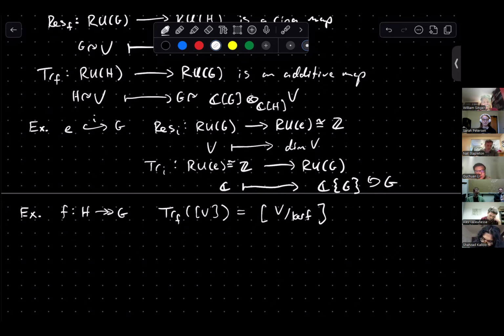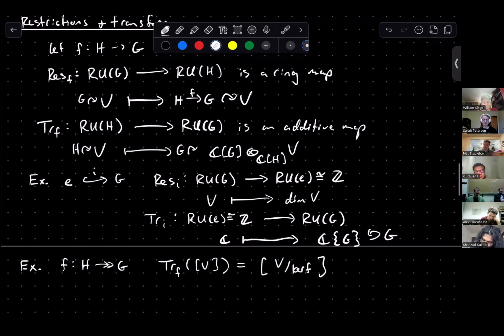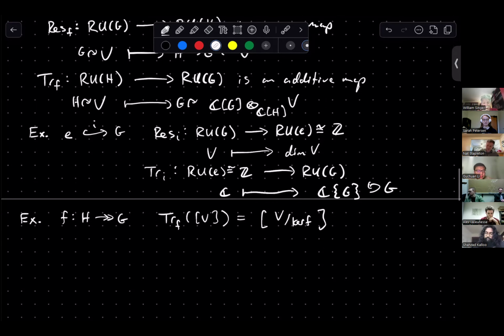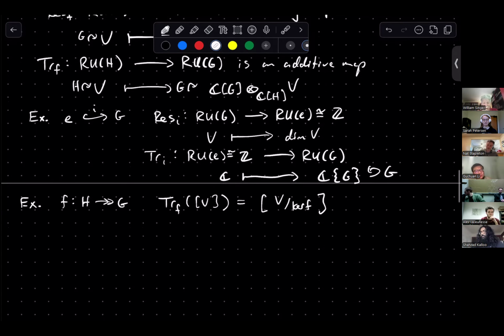So given a group homomorphism, we have these two maps, and they interact in a particularly interesting way. I want to talk about two ways that these maps interact with each other.